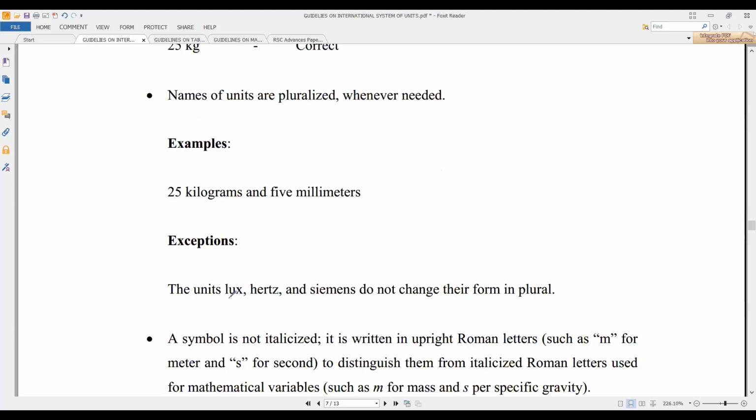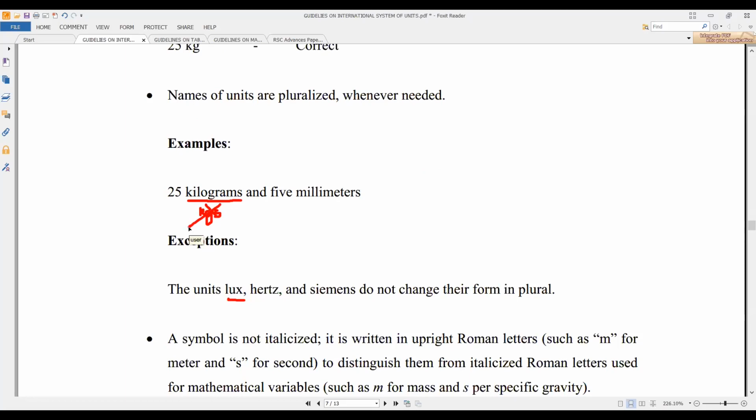Units like lux, hertz, and Siemens do not change their form in plural. So if I want to write 25 kilograms, then we should write it as kilograms. We should not write kgs here.